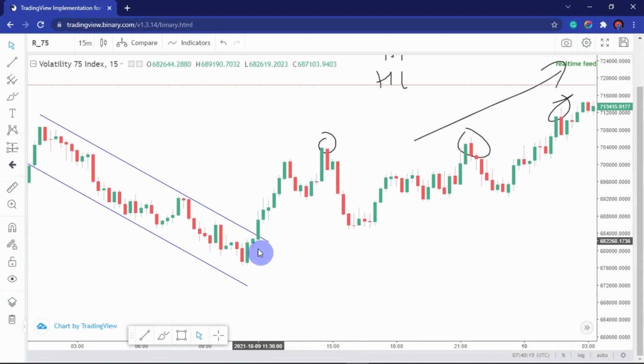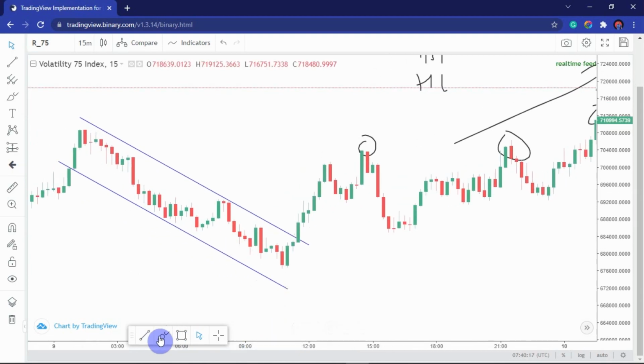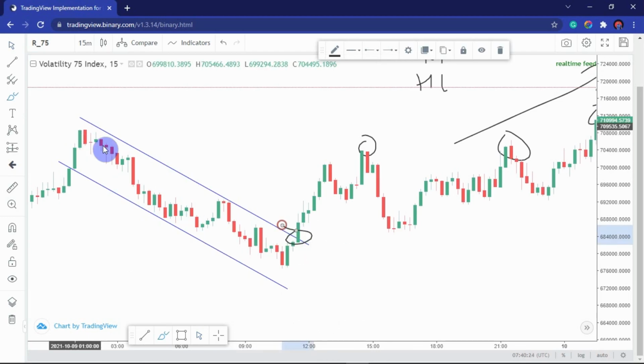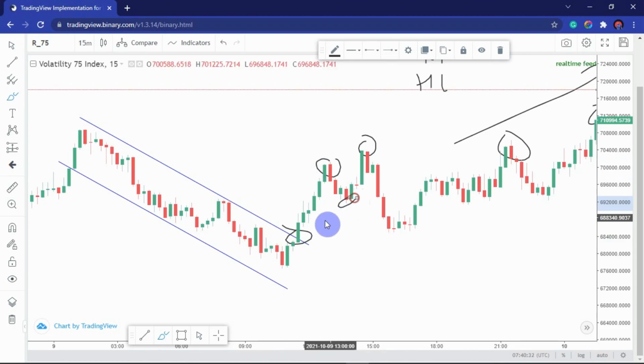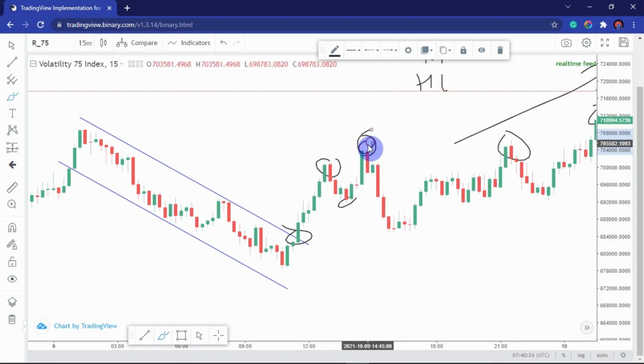For example, if you see that the market was flowing with huge momentum on the downside, and now all of a sudden it breaks this channel and begins to give you a high, you should then expect another low or another high to see where it is. For example, here we get a low which is higher, and then we get a next high which is a little bit higher again. So this should give you a signal that something is wrong.